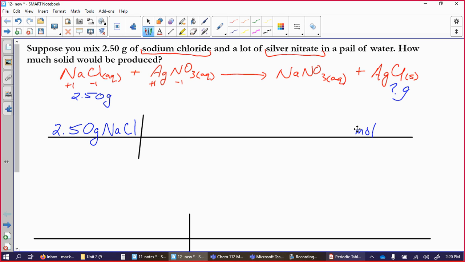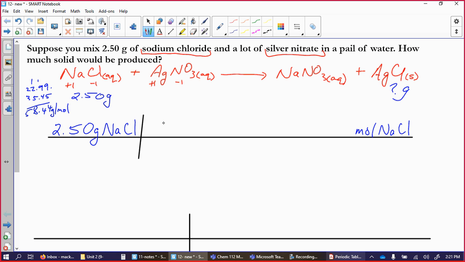Well, that's moles of NaCl. Sodium is 22.99 grams per mole, chlorine 35.45. So the molar mass of sodium chloride is 58.44 grams per mole.